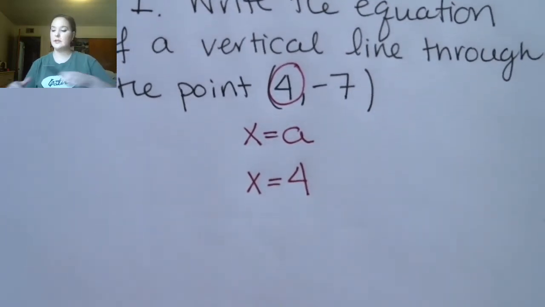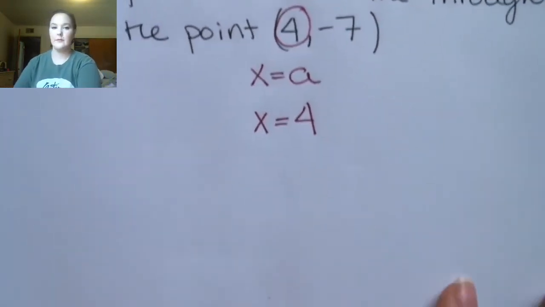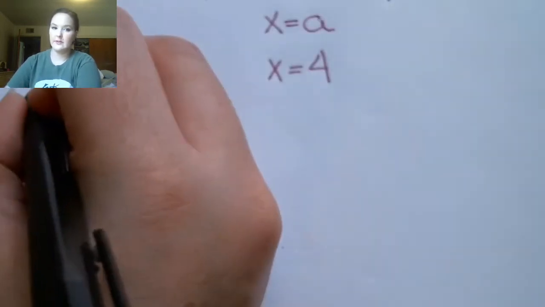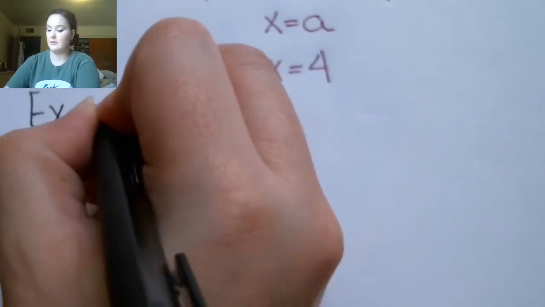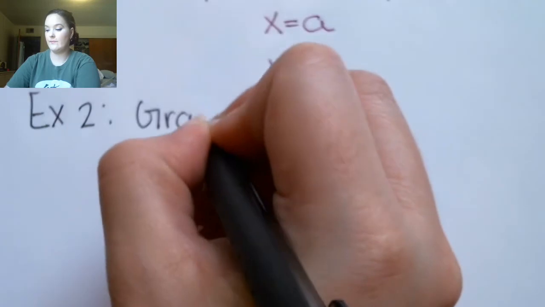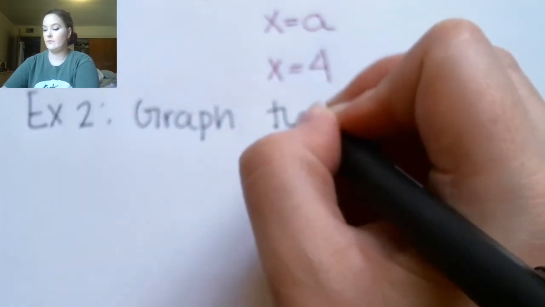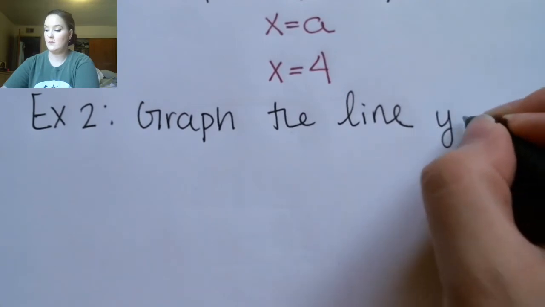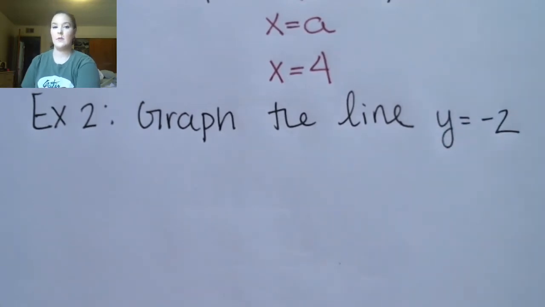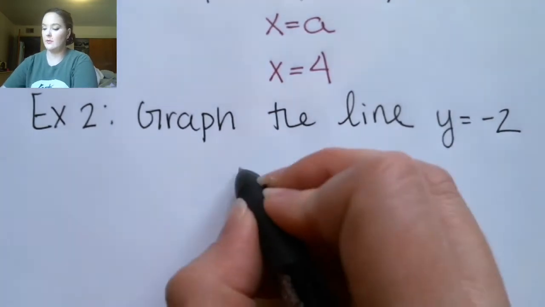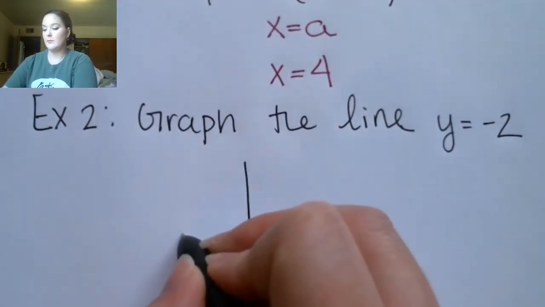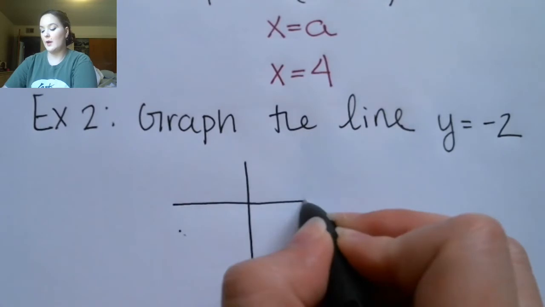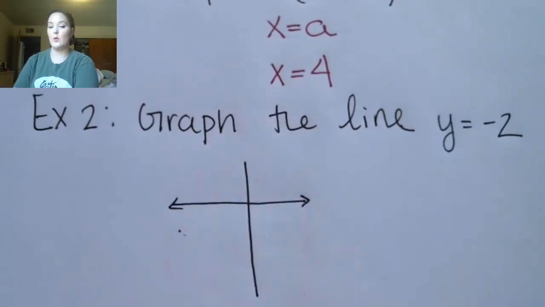All right, let's look at another example using horizontal and vertical lines. We're looking at the line y equals -2. It's important for us to remember that y equals a number is a horizontal line.